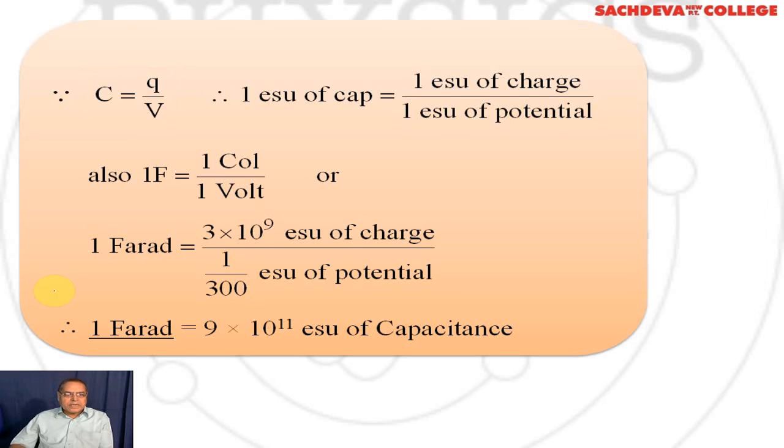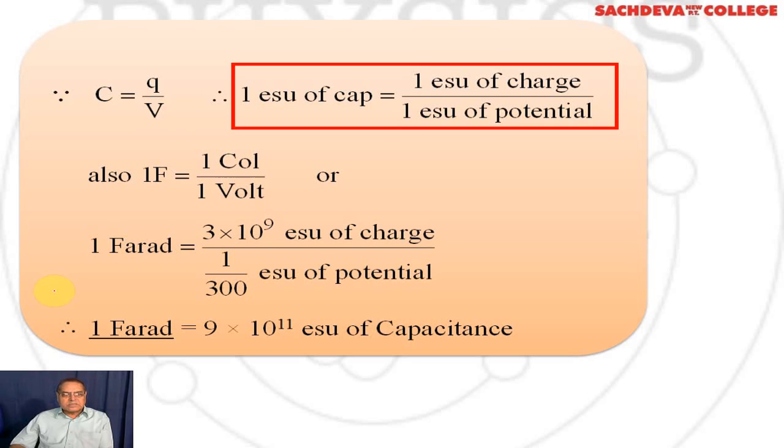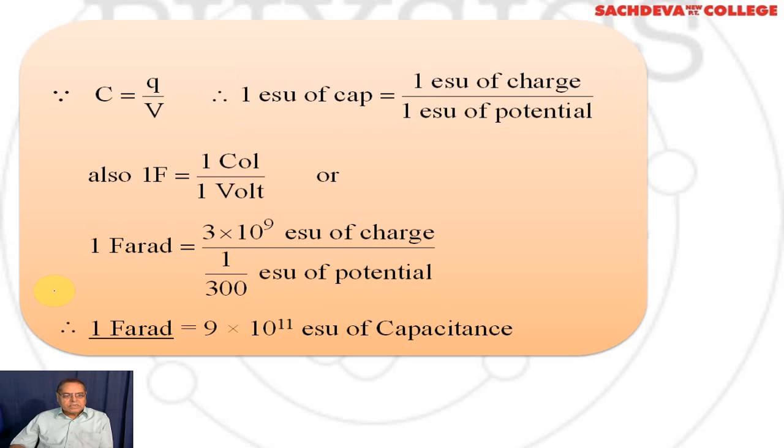So from this, we can calculate the value of 1 ESU of capacitance. 1 ESU of capacitance is the capacitance of that conductor which is carrying a charge of 1 ESU and having a potential of 1 ESU. So 1 ESU of capacitance is equal to 1 ESU of charge divided by 1 ESU of potential. But in the MKS system, 1 farad is 1 coulomb over 1 volt.